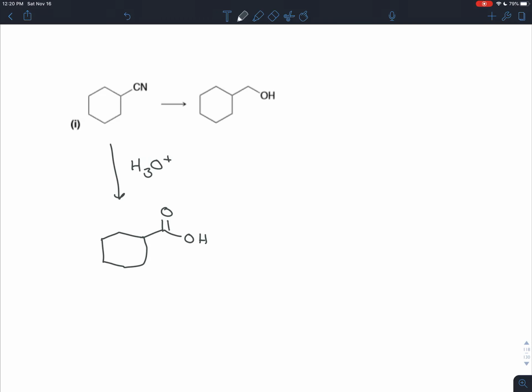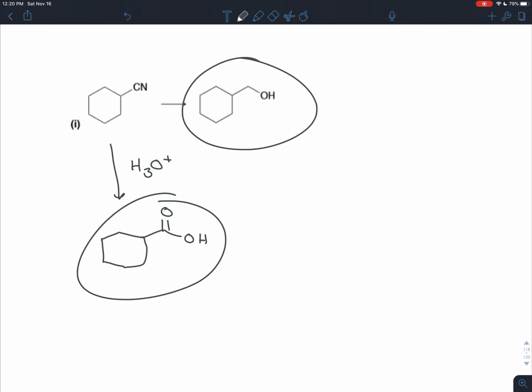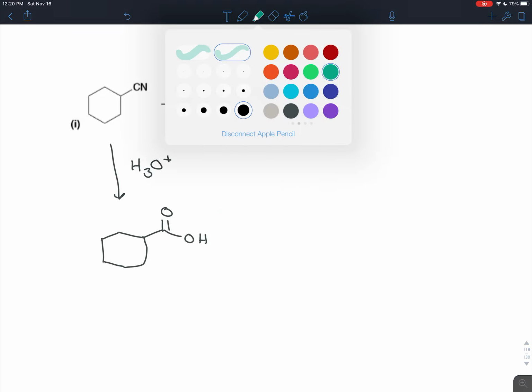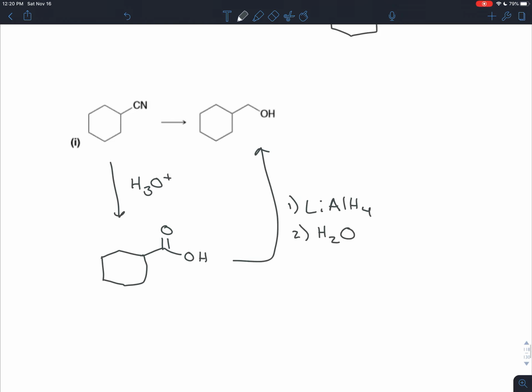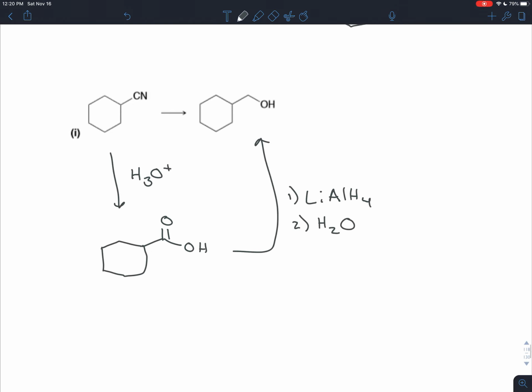We can do a hydrolysis to get a carboxylic acid, and you can see how much closer we are to our product now. The only difference here is the number of bonds to oxygen. Here we have 3, here we only have 1. So we want to reduce the number of oxygen bonds, and we can easily do that with a reduction. Here we're trying to reduce it as much as possible, so we use lithium aluminum hydride and follow that up with water to make sure that all the charges are stabilized.